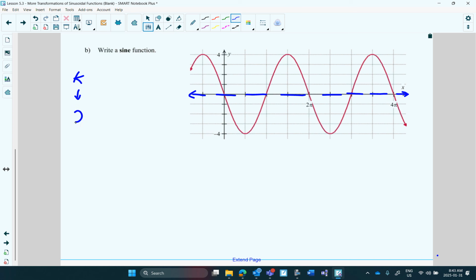I don't have to write it, actually. A is 4, because it's from the midline to any max or min. So the distance there is 4. K and A are usually pretty quick to find.